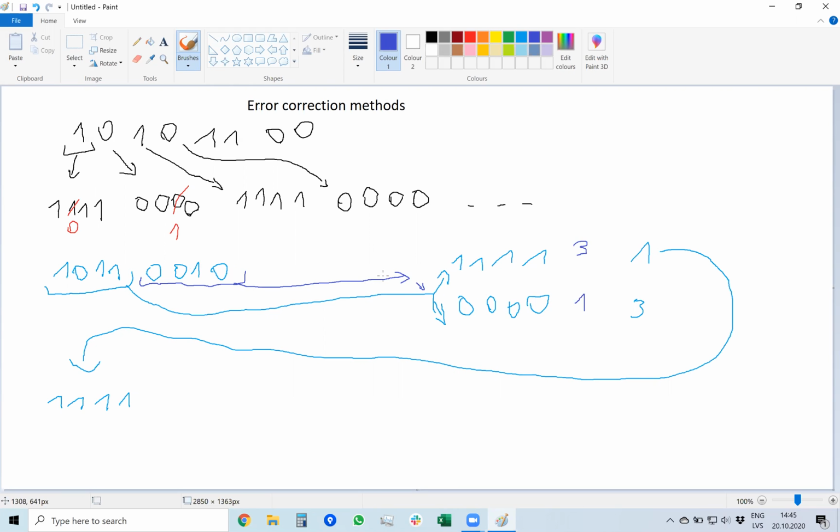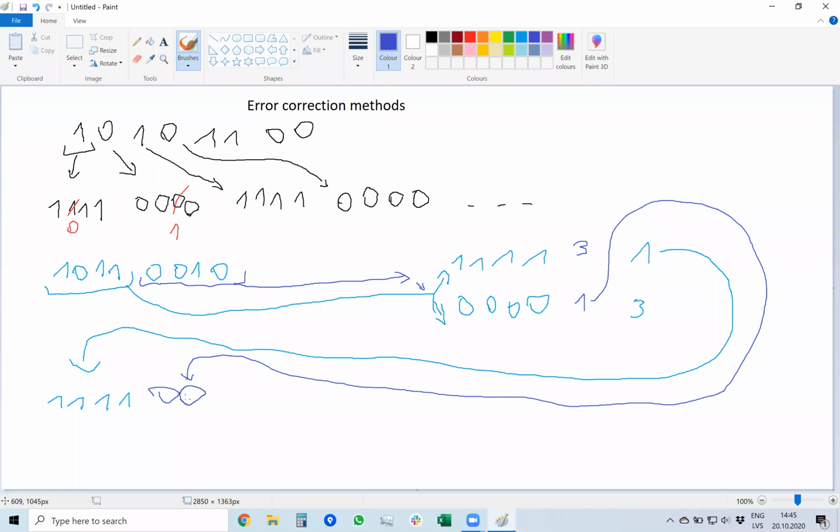So it says, this input is more similar to 0000, so I will choose this and correct the input to all zeros. As a result, the algorithm was able to correctly replace the damaged input with the bytes that were sent. It's actually quite simple.